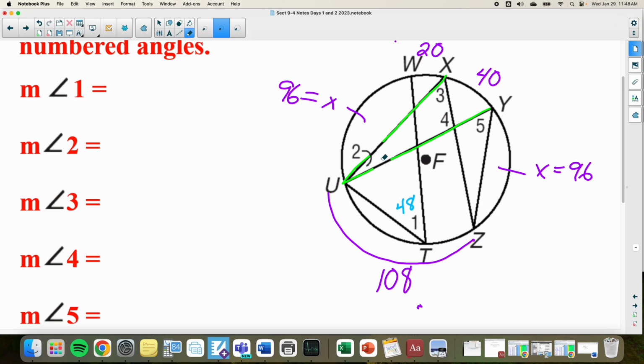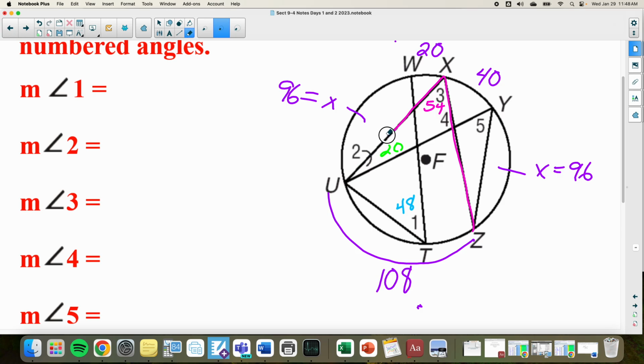That would be half of 40, which is 20. Okay. Then if I look at angle 3, do you guys get that angle 3 intercepts this whole arc? So wouldn't angle 3 be half of 108, which is 54?